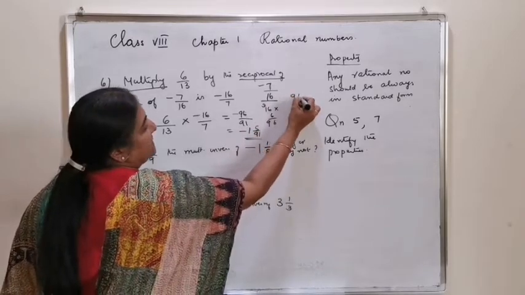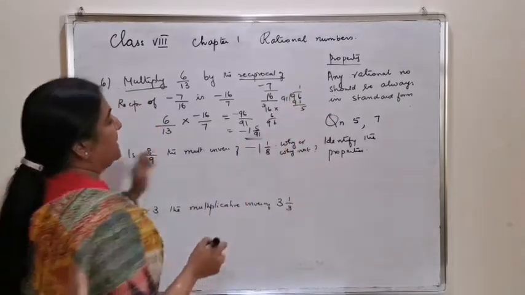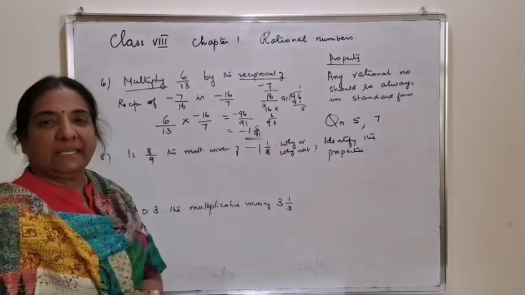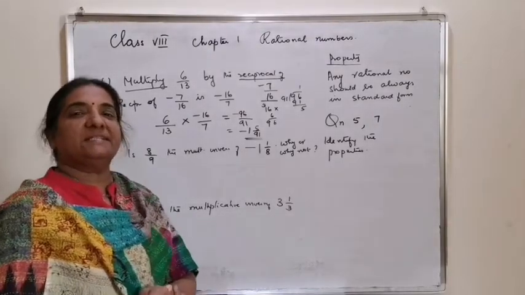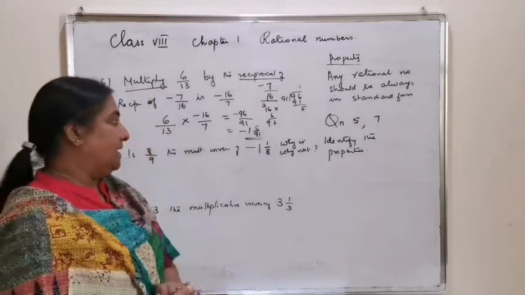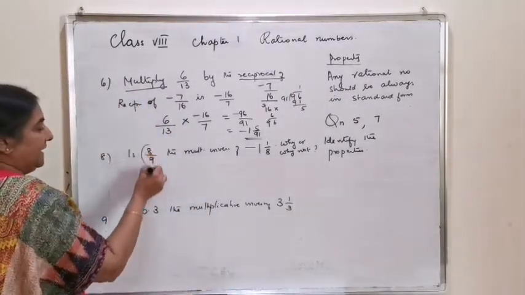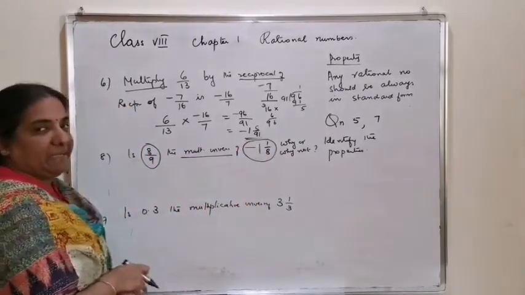You can divide it as 96 divided by 91 one time, minus 1 and 5 by 91. Whenever you have the rational numbers in the improper state, you should express it as a mixed number. Now, is 8 by 9 the multiplicative inverse of minus 1 and 1 by 8?